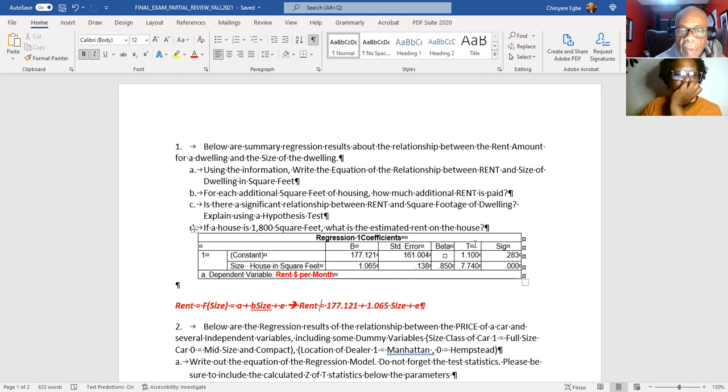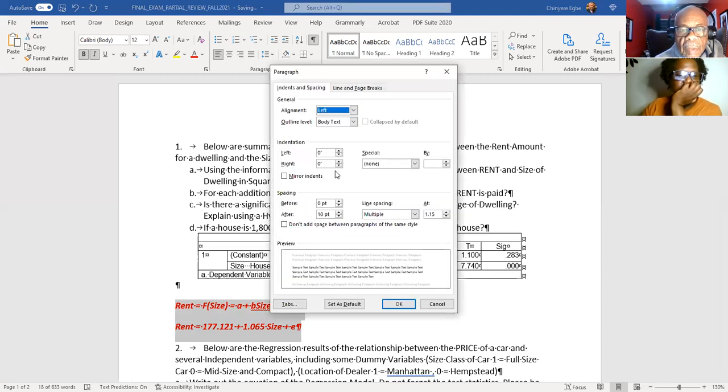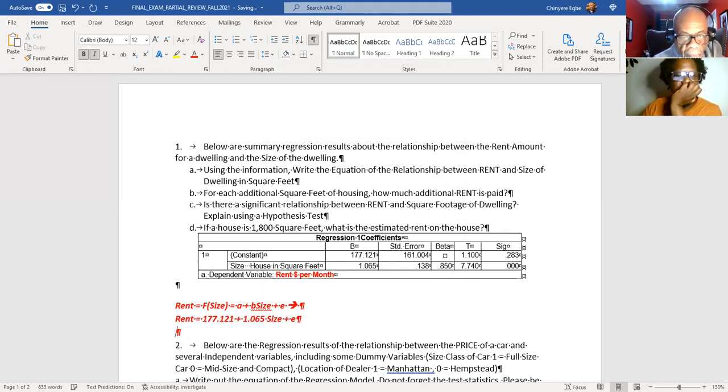All right. In this case, I also want you to write in the test statistics. I'm going to make this compact. I want you also to write the test statistics in brackets below. The t-value is 1.1.